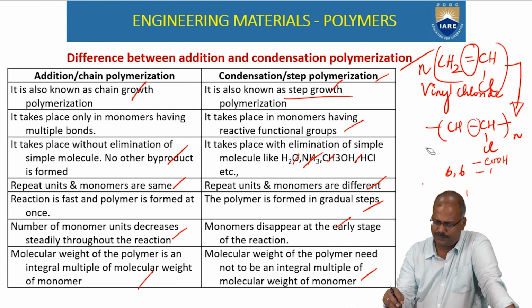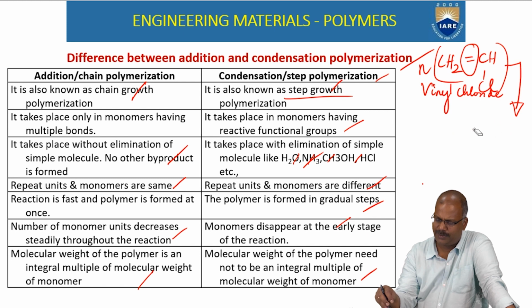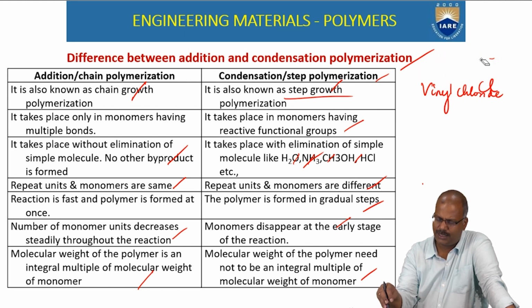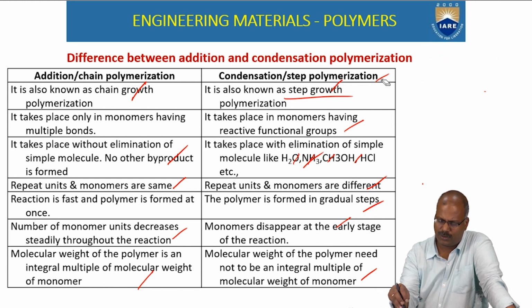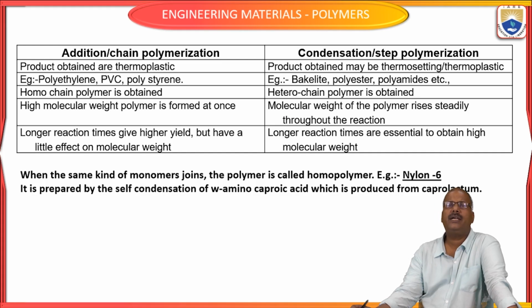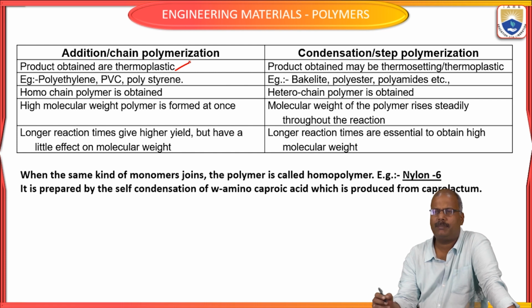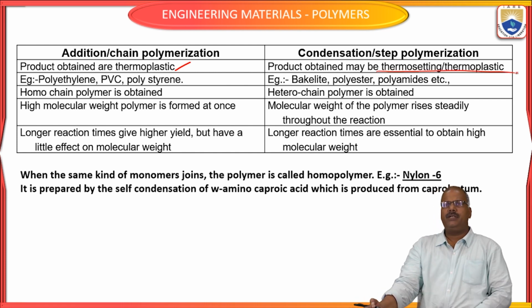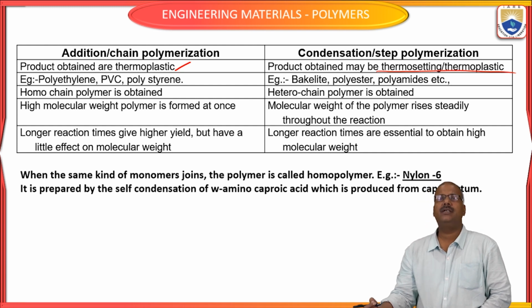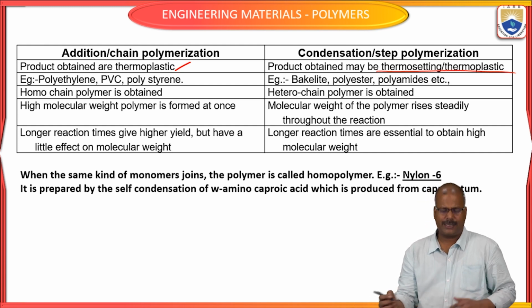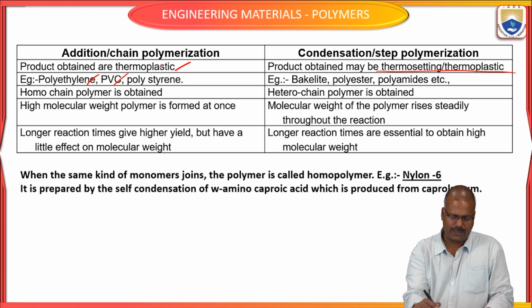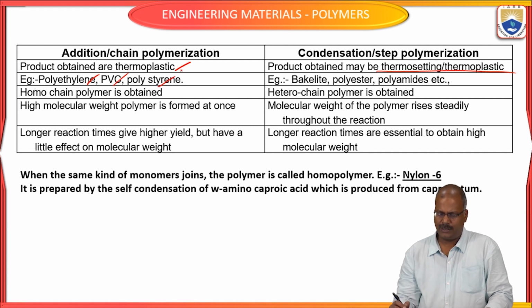So this is how we have seen the differences between these two main polymerizations, addition and condensation. There are a few more. Products obtained by addition are thermoplastics. Products obtained by condensation may be thermosetting or thermoplastic. Addition polymerization majorly gives thermoplastic. Examples: polyethylene, polyvinyl chloride, polystyrene.